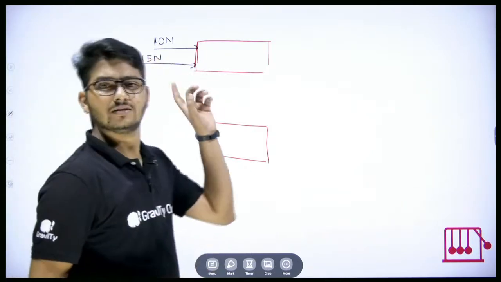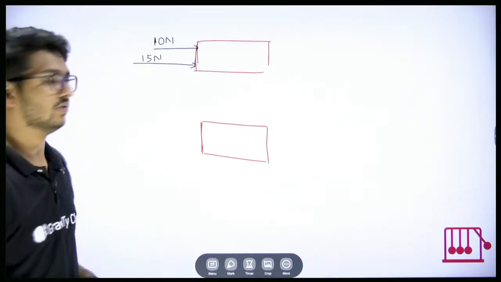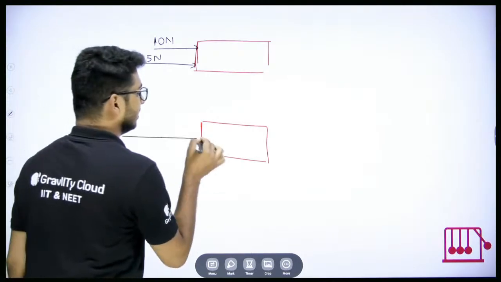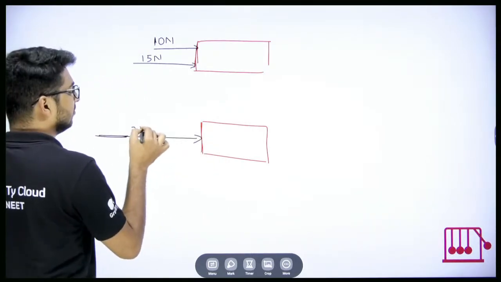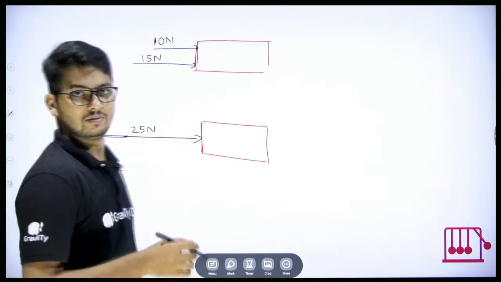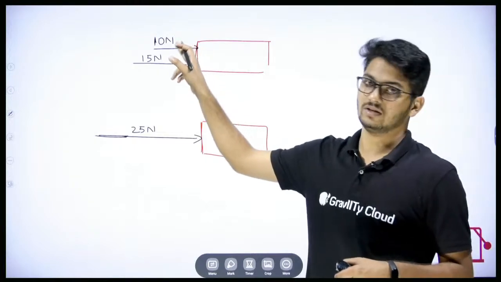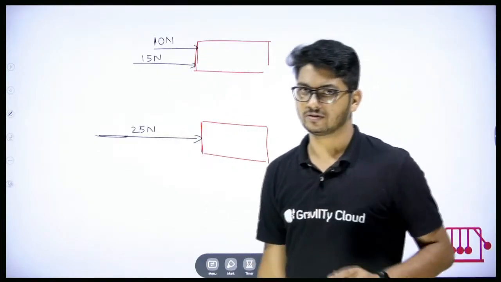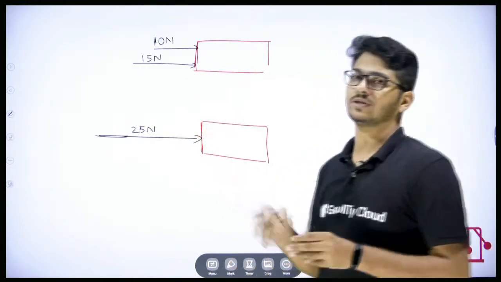So in the first case, on the box, there are two forces towards right, 10 Newton and 15 Newton. In the second case, I'll apply only one force, of 25 Newton. Newton is a unit of force. Focus on the values here.